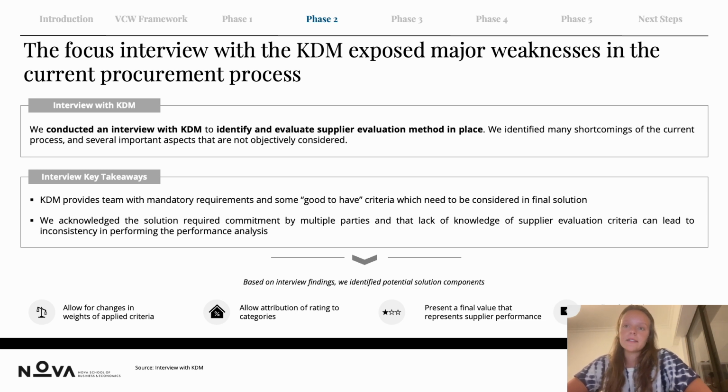And the second takeaway is that we acknowledge the solution requires commitment by multiple parties, and that the lack of knowledge of supplier evaluation criteria can lead to inconsistency in performing the performance analysis. So based on the interview findings, we identified 4 potential solution components. The first one is allowing for changes in weights of the applied criteria.